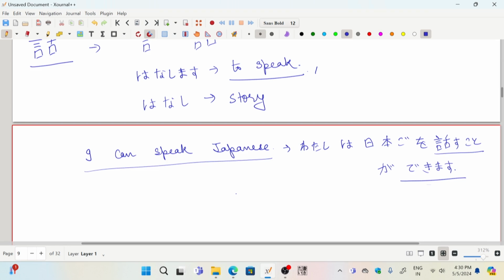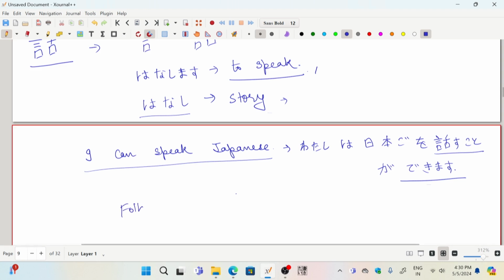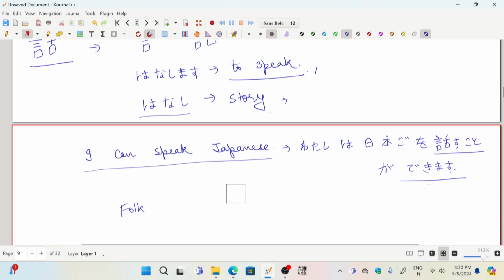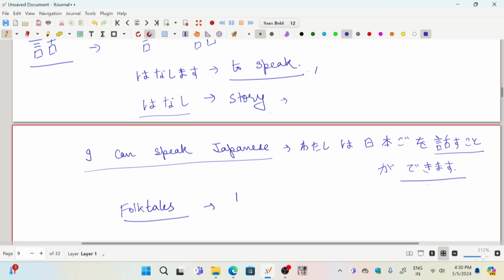Okay. Next is hanashi, which means story. If we want to say mukashi banashi, the folk tale. Folk tale in Japanese is called mukashi banashi.